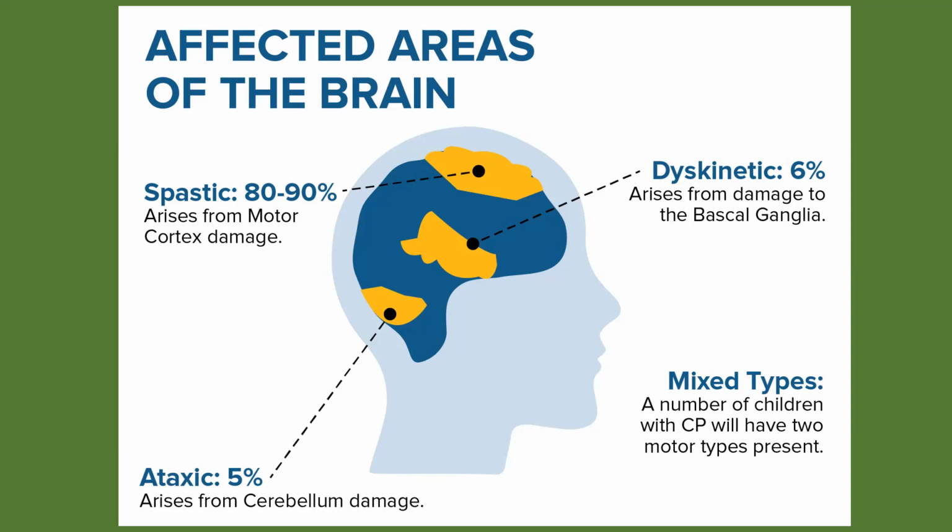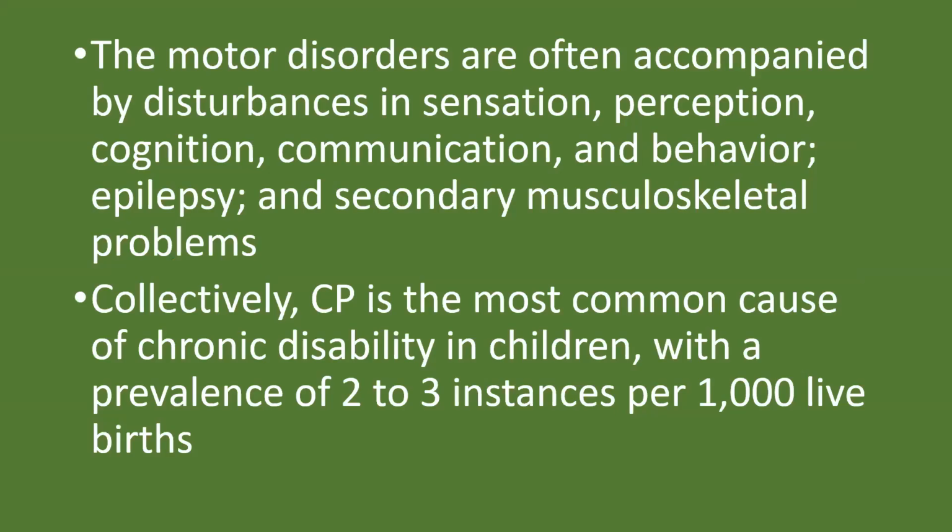And if it involves the cerebellum, they will be ataxic. They have a typical ataxic gait. Or you can have mixed types. A number of children with cerebral palsy will have two motor types present, dyskinetic combined with spastic, or dyskinetic combined with ataxic. This represents the mixed types.